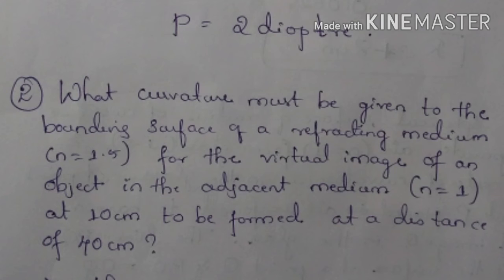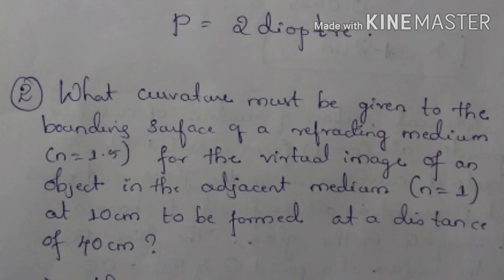Now the next question is, what curvature must be given to the boundary surface of a refracting medium n is equal to 1.5? So he is asking for the R value, what curvature. So now, for a virtual image of an object in the adjacent medium, the adjacent medium has the refractive index n is equal to 1.